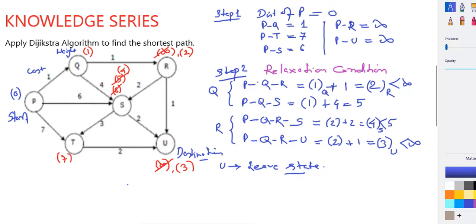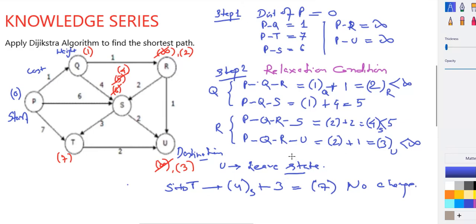If we are considering S to T, what is the weight? It is 4 plus the 3 on the link between S and T, that is equal to 7. So this 7 is the same as the weight which already exists in T. So there will not be any change.